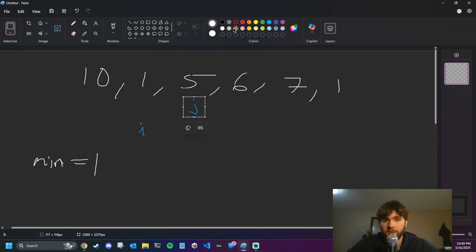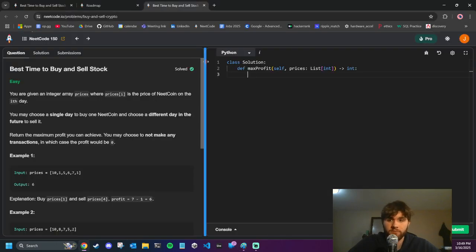The max profit we can get now, the profit we can get is 4. And then it becomes 5, and we still haven't found a new minimum. And then it's 6. And then here is 0.